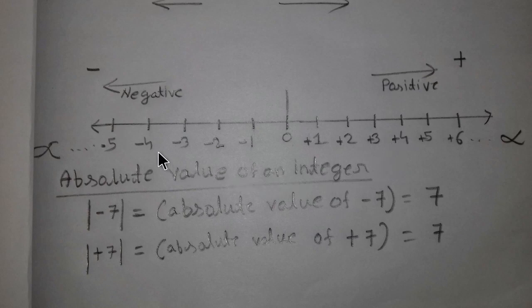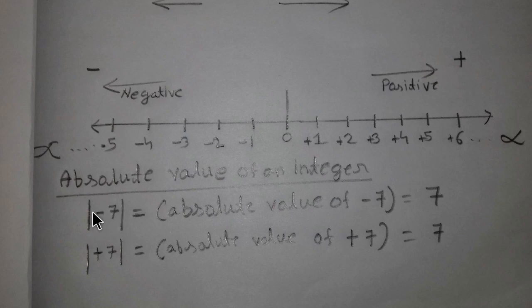So you can find the 4 on both sides. If I don't express the sign, still I will have a value of 4, that is 1, 2, 3, 4. So we can express the absolute value of any number or integer.